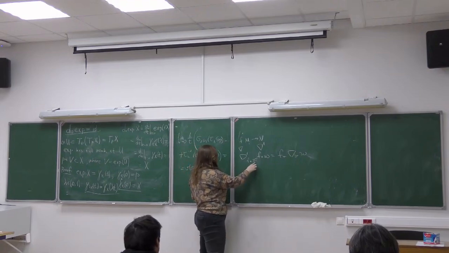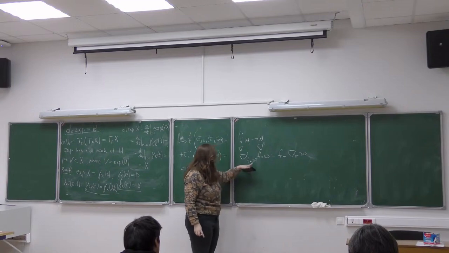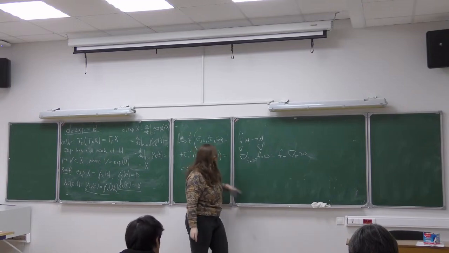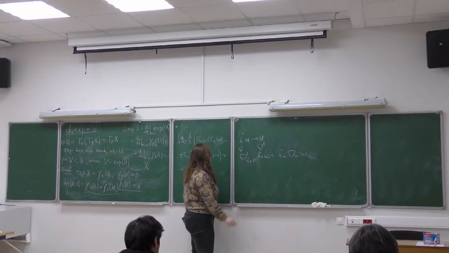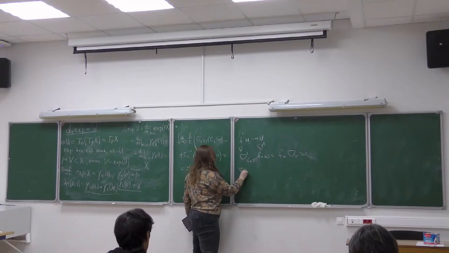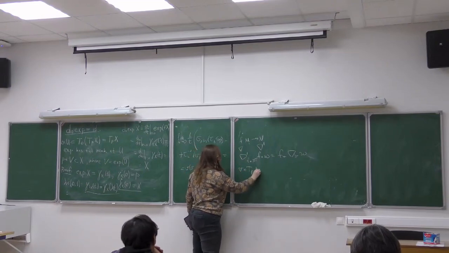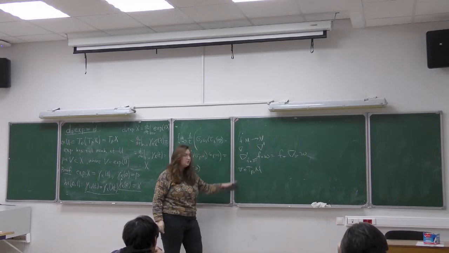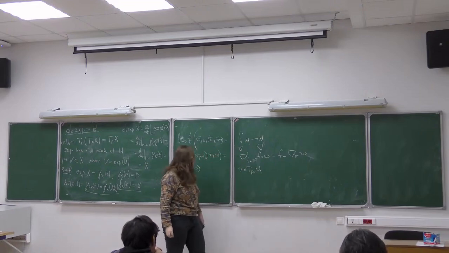For every v and w are vectors. Vector space, yes. So let me have v in tangent space of the first manifold.